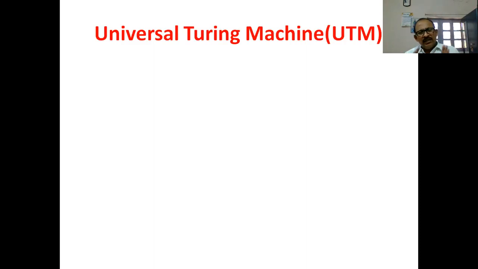We can perform many types of computing on the same machine, so it is called a general purpose machine. First thing.